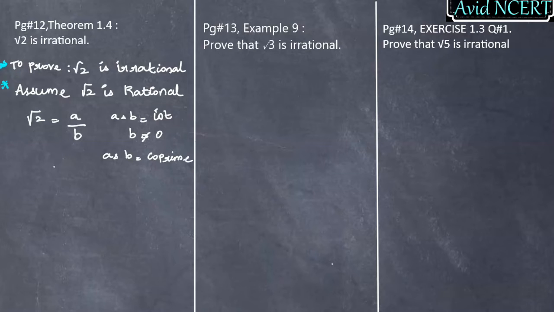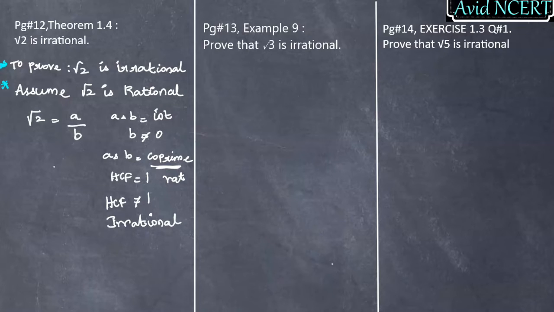Co-prime in the sense that a and b, these two numbers, have HCF equal to 1. If a and b have a common factor other than 1, then that proves that root 2 is irrational. So if HCF is equal to 1, then this is rational. If HCF is not equal to 1, then it is irrational.